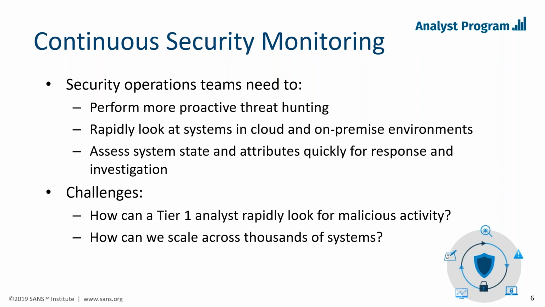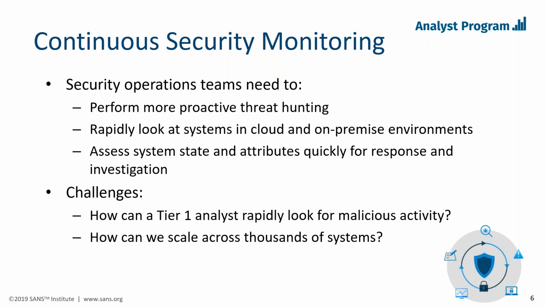But the other part that really sort of shakes out is just the operational nature of doing all this in the first place. How can tier one analysts rapidly look for things? And while I don't presume to say that it's always going to be a tier one analyst in this position, we really don't have the manpower in many SOC teams to be able to enable a tier two or even three type analyst to always be scouring the environment for things.